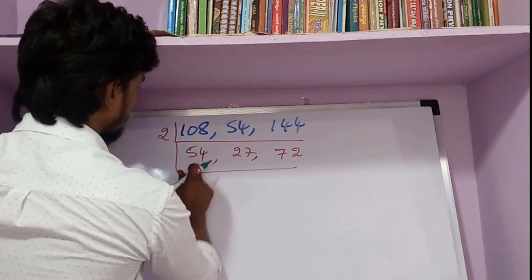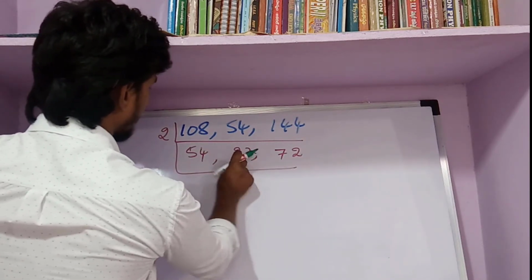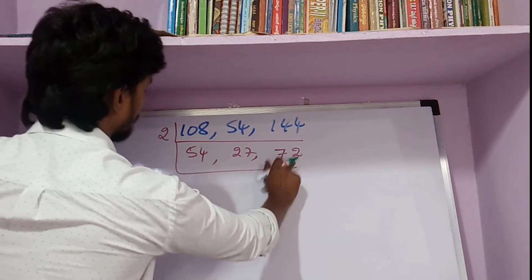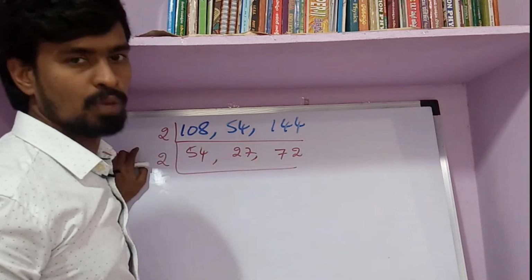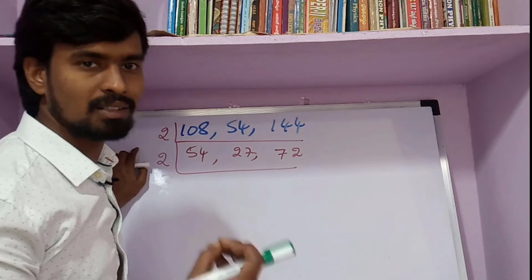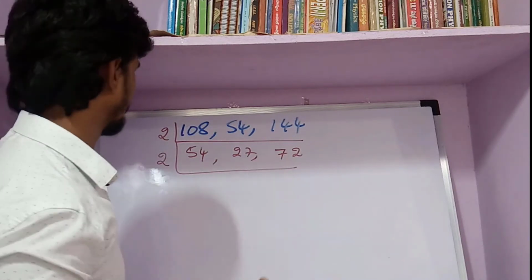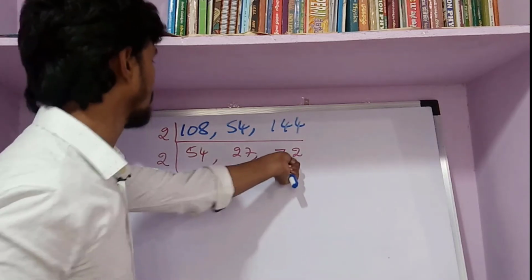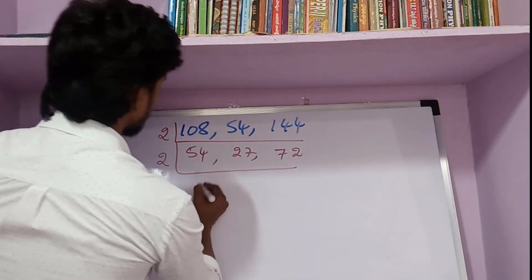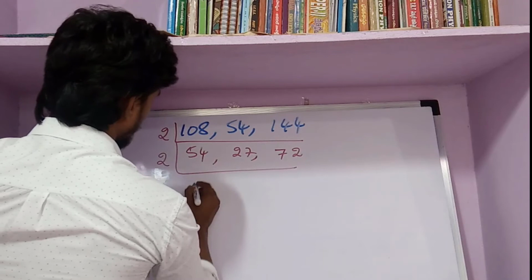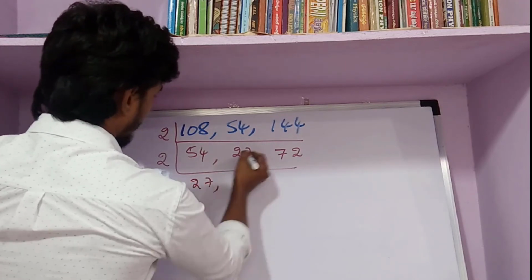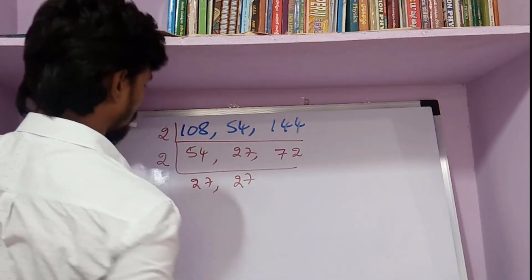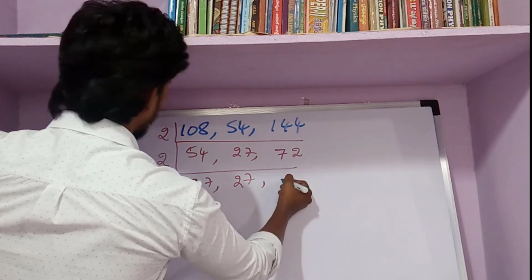Now these numbers are divisible by 3 and this is divisible by 2. We have to choose a number which exactly divides any two numbers. So if you take the 2, it can exactly divide 54 and 72, right? So we can take the 2 here. So 54 by 2 is 27 and 27 we cannot divide it, no problem. And now here 72, 36.